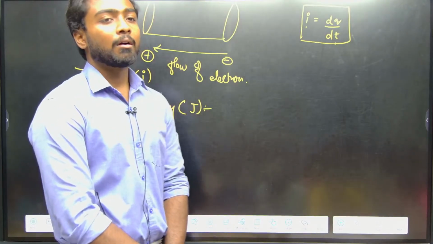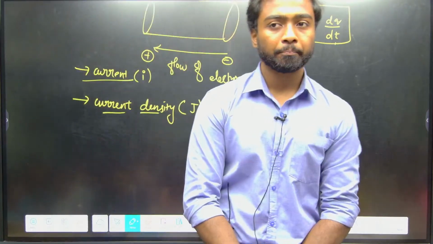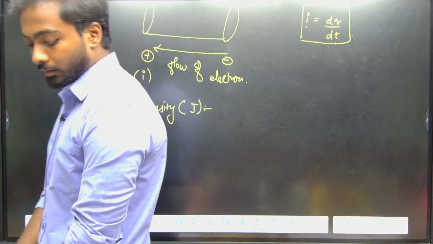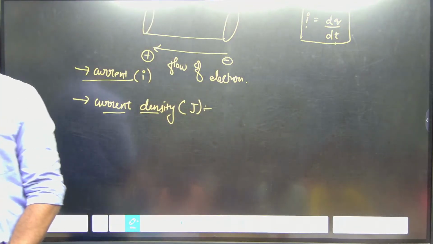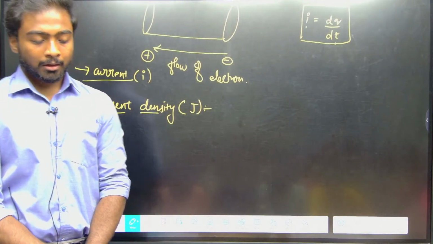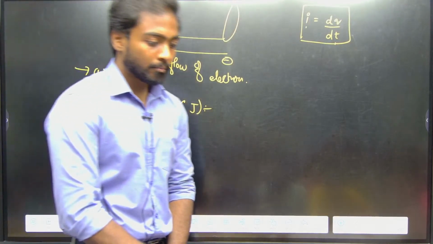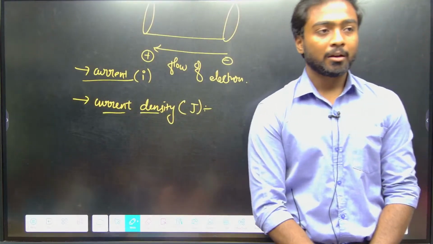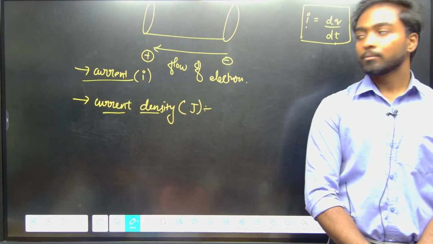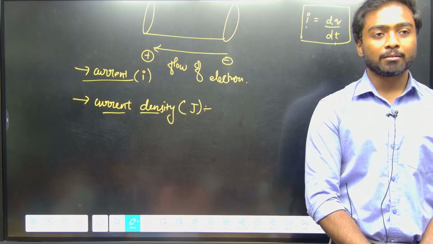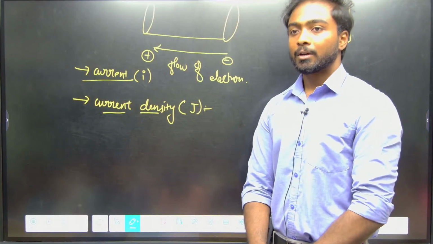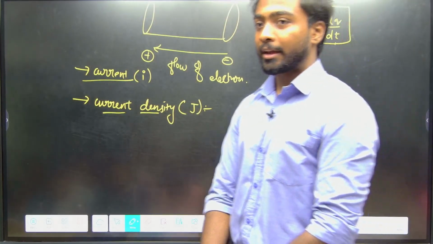Second point, it is a vector quantity, and its direction is along the direction of current.